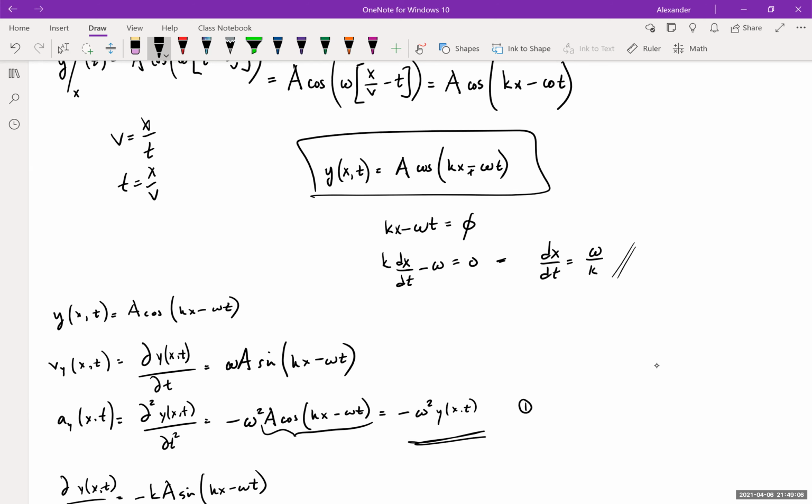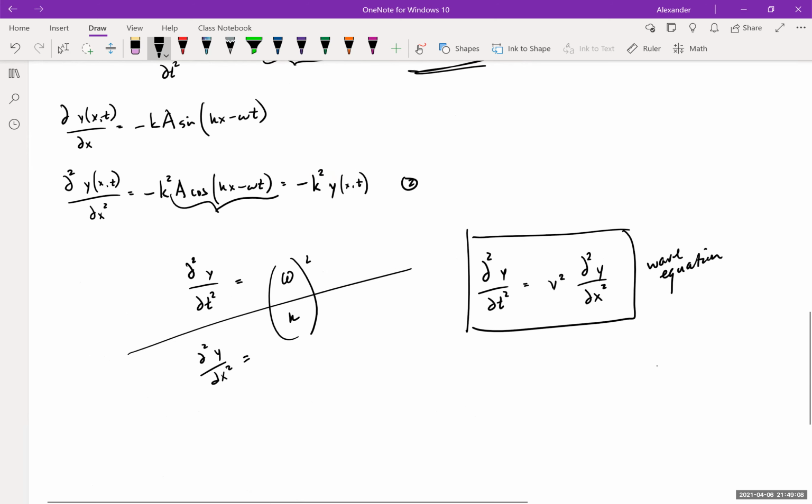If we allow that disturbance to propagate through space, this is true. We have to have this. If we allow the oscillation to be a disturbance that propagates periodically through space, this has to be true.